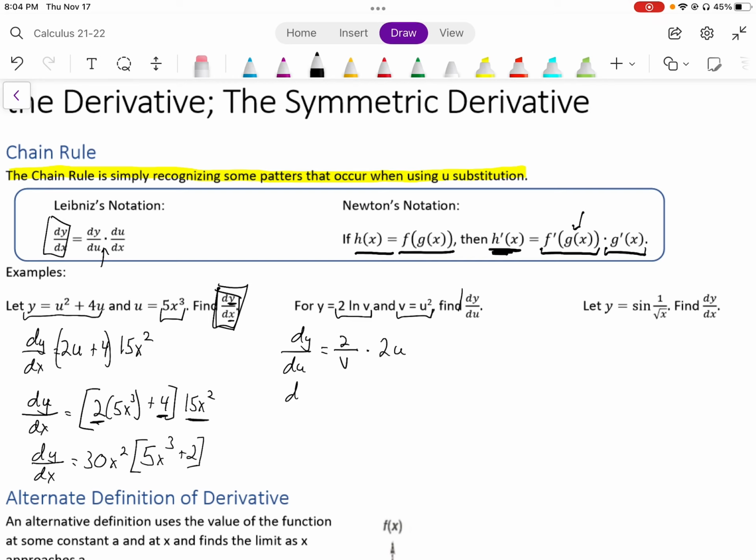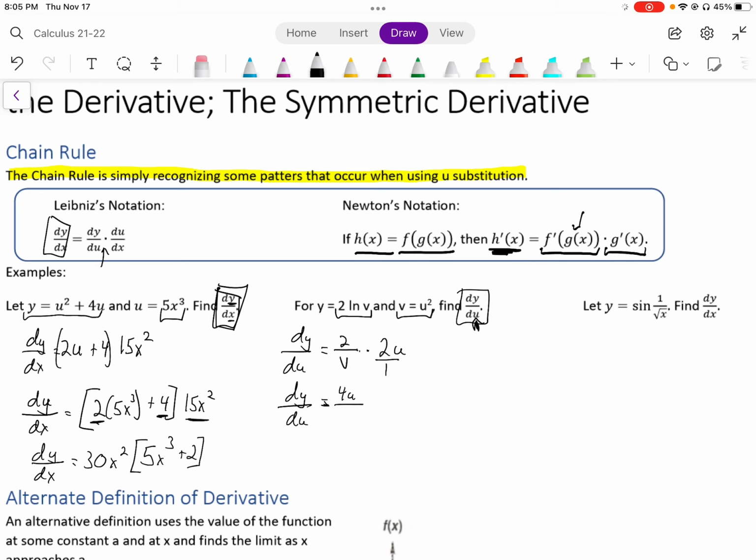But we want dy du, so we don't want a v involved in our answer. So we can multiply, this is over 1, so we have 4u.